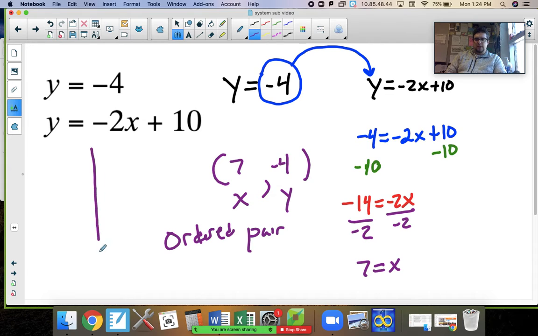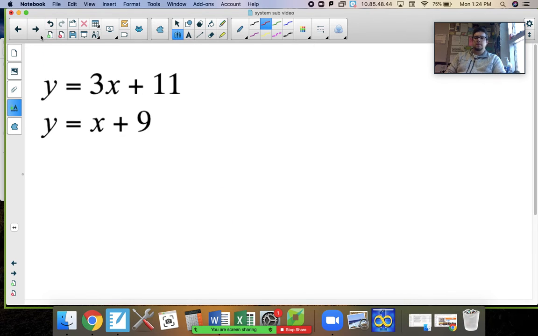So for instance, if I had graphed these two lines, y equals -4 is a perfectly horizontal line right there, and -2x plus 10 starts way up there and then cuts down, and where these two lines cross is that coordinate point right there.